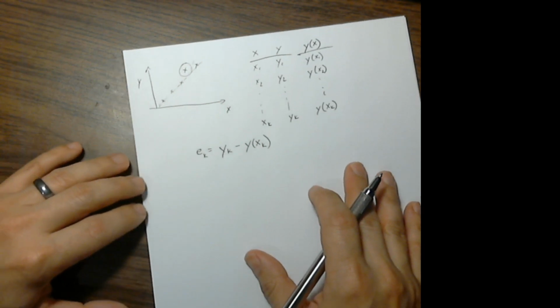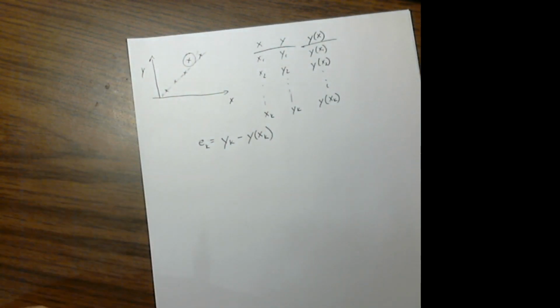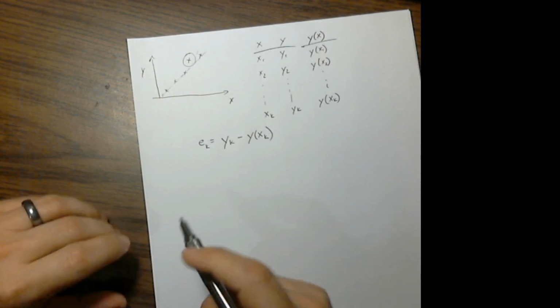All right. Now, we then said we wanted to minimize the expected value of error squared.